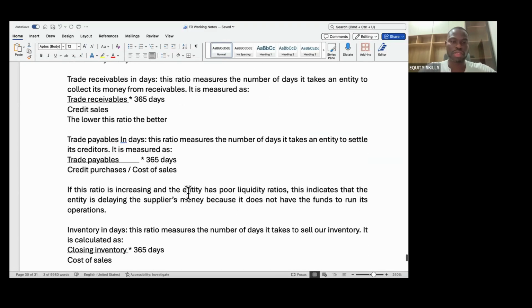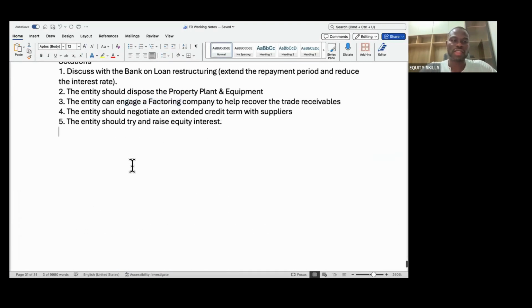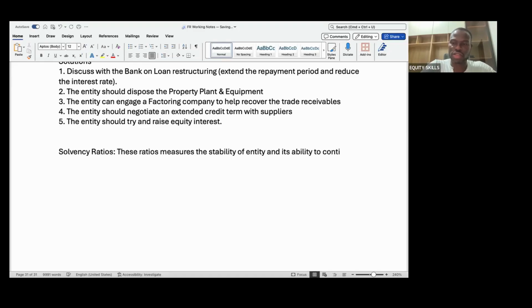So that's efficiency ratios. Now, the next category of ratio is actually solvency ratios. These ratios measure the stability of an entity and its ability to continue to operate as a going concern.